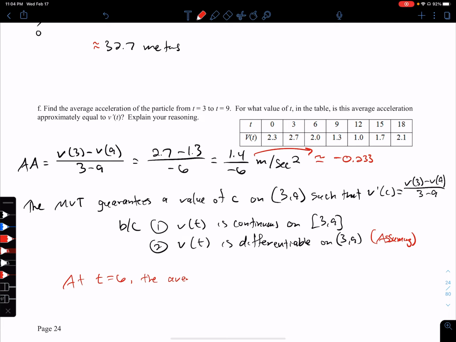The average acceleration is about the same as v prime of t, and that is a pretty rough estimate there.